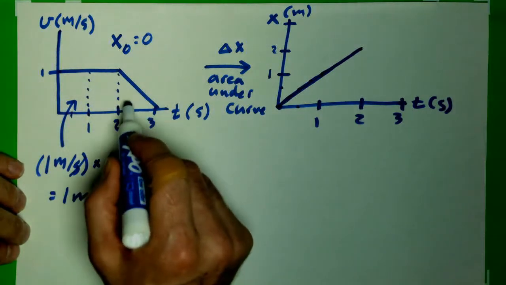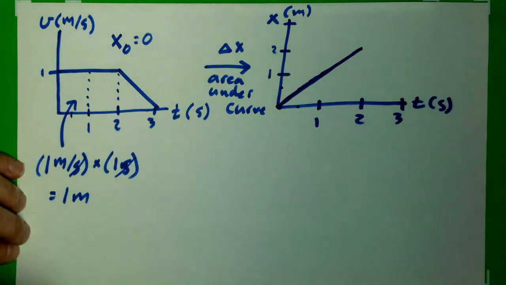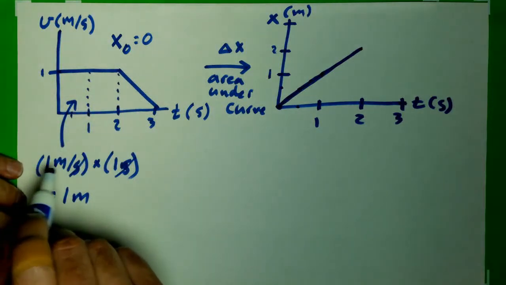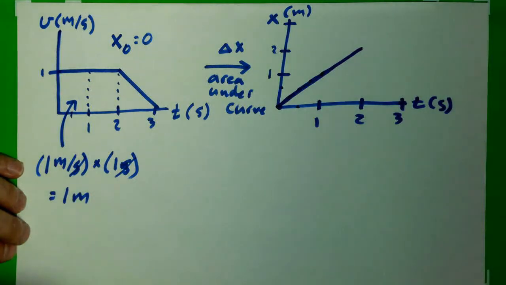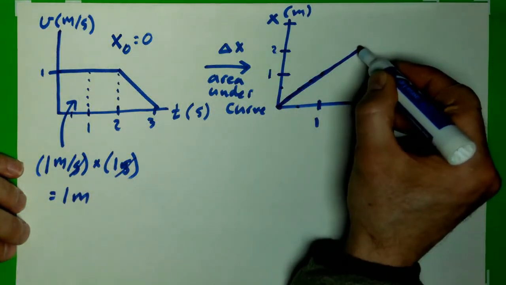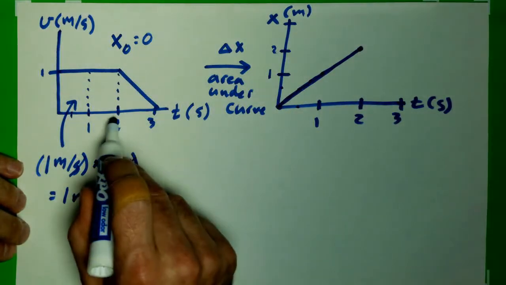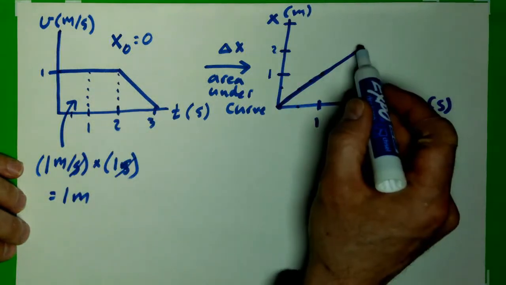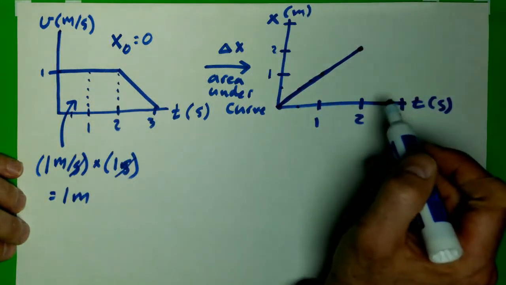But this one, what do we do here? Now the velocity is changing, so this value is changing as my time increases. Thankfully I already know that at the 2 second mark I'm at 2 meters already. And so now I want to find the displacement as I go another second.